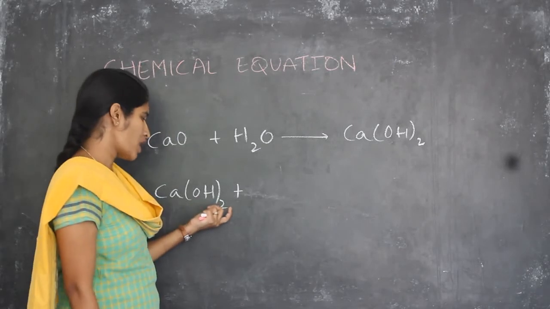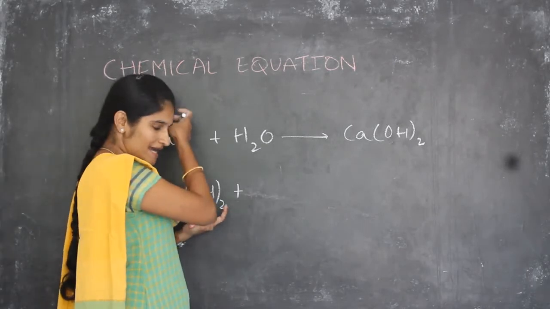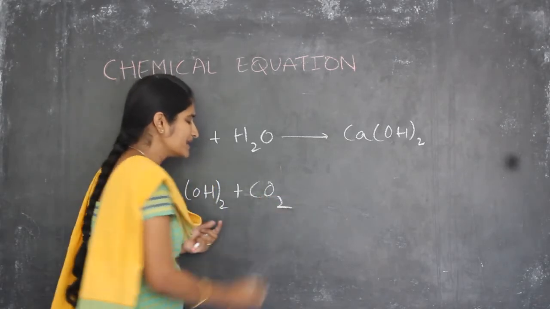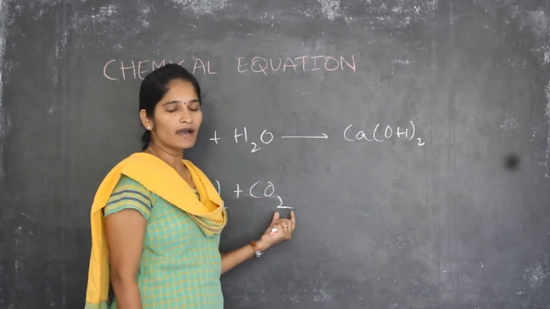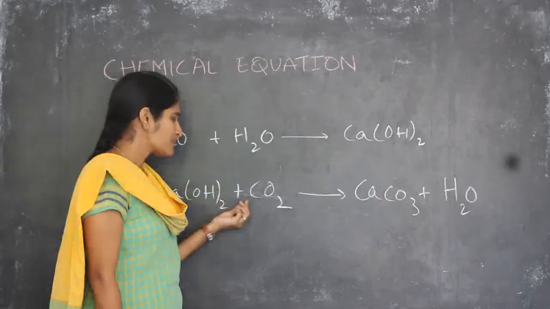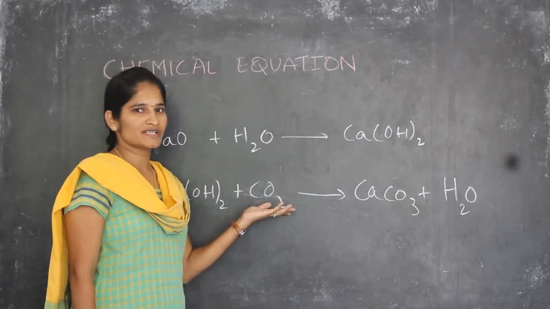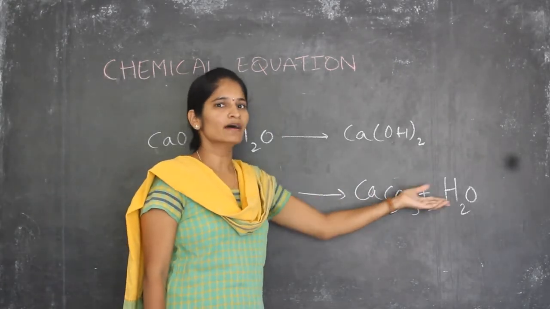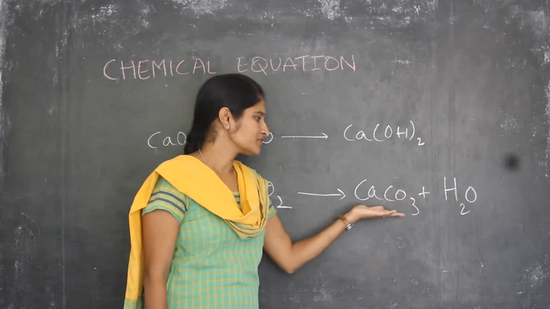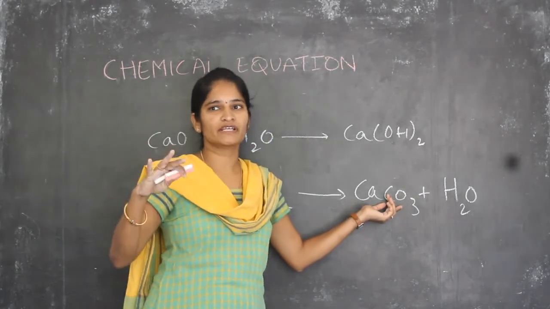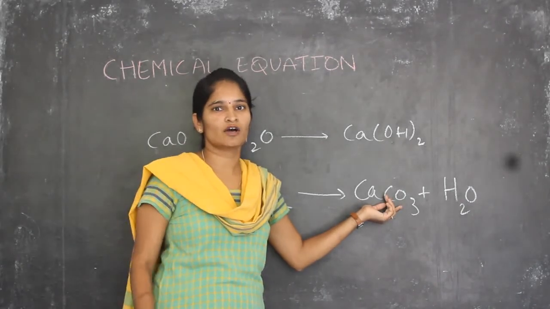This calcium hydroxide which is there on the wall will attract the carbon dioxide present in the air. Is it clear? So what happens when you paint the wall? It absorbs the carbon dioxide present in the air and it forms calcium carbonate and water. So this calcium carbonate is responsible for the white finish, that means the white color shining on the wall.